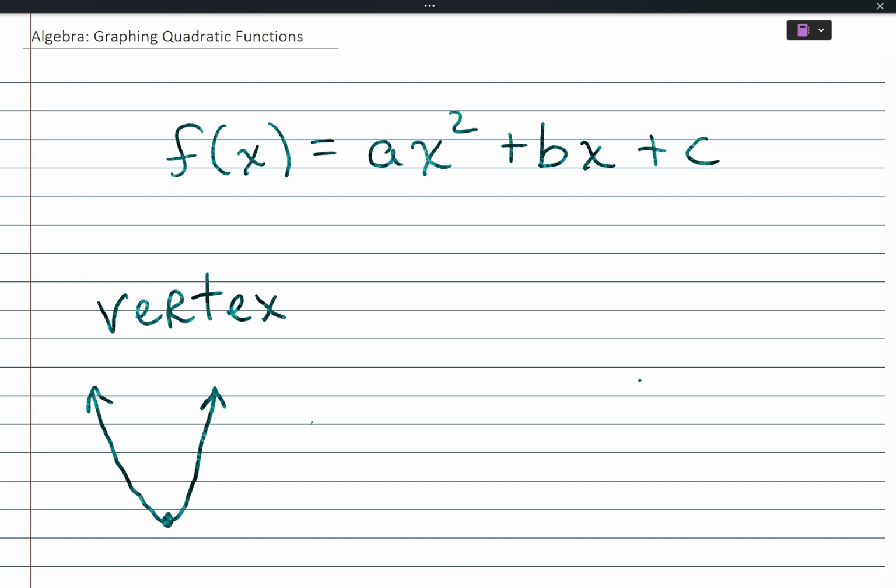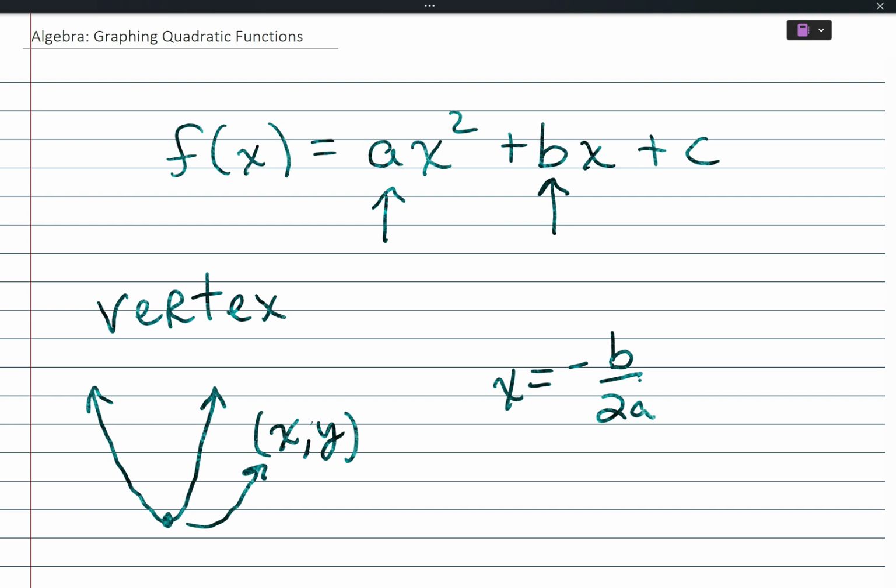And we can find the vertex, which we know is an ordered pair, by using the following. We can find the x value of the vertex by using negative b over 2a. Where do we get the b and the a? Well, we get the b from the value that's right in front of the x, and the a is the value in front of the x squared.